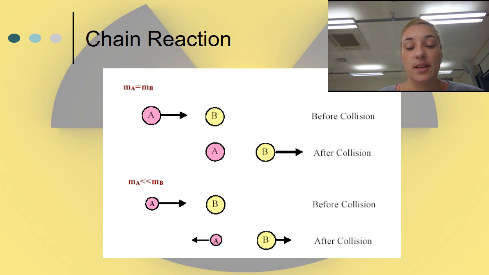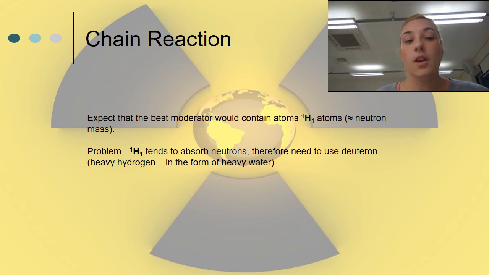Whereas in the second example, when we have the mass of A being much smaller than the mass of B, then they're both going to have some momentum, and A still hasn't slowed down as much as we would need for it to be absorbed by another nucleus. Alright, so if we want something that has the same mass as a neutron, then ideally the best moderator would contain hydrogen atoms because they're about equal to a neutron mass.